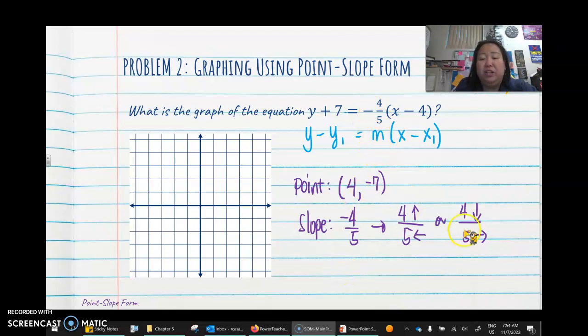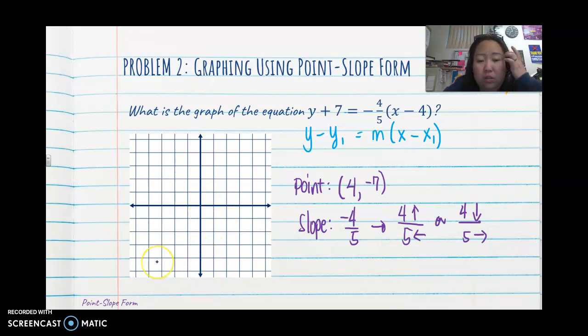You have two options. You can go up by 4, 5 to the left, or 4 down, 5 to the right. So if you take a look, if you count 7, 1, 2, 3, 4, 5, it's not going to fit. So what we can do is we will have each of these by 2s, all right? So this will be negative 2, negative 4, negative 6, negative 8, negative 10, okay?